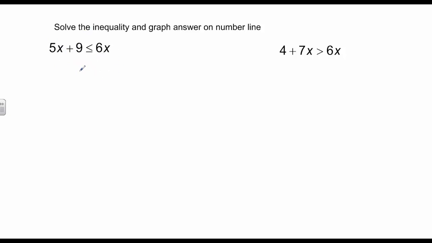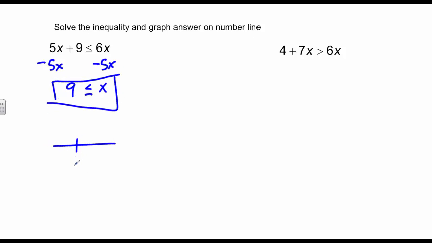So in order to do that here, I must bring the 5x over to the other side by subtracting 5x. That way I have 6x minus 5x is equal to x, which is greater than or equal to 9. There's my solution. If I want to graph that, here's my 9. It's included, so I fill in a circle, and greater than 9 moves to the right.